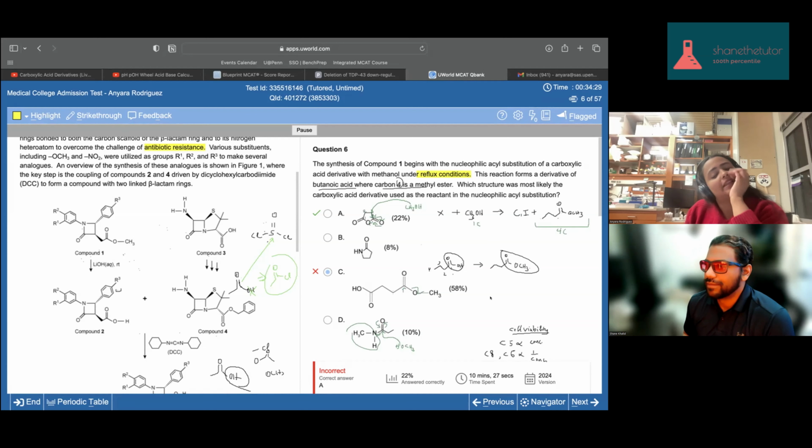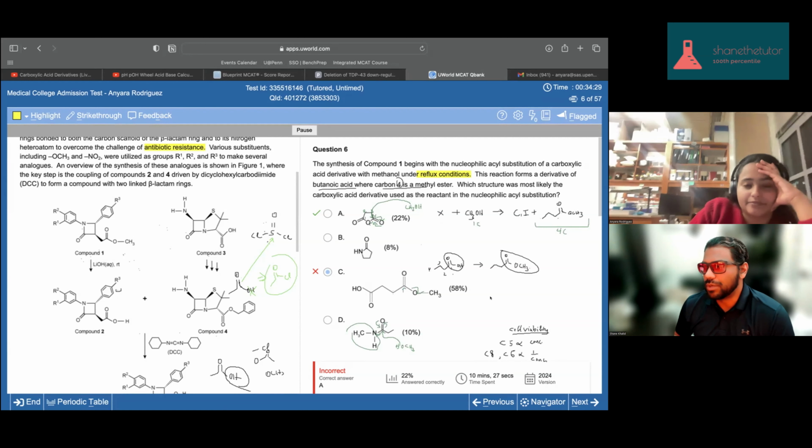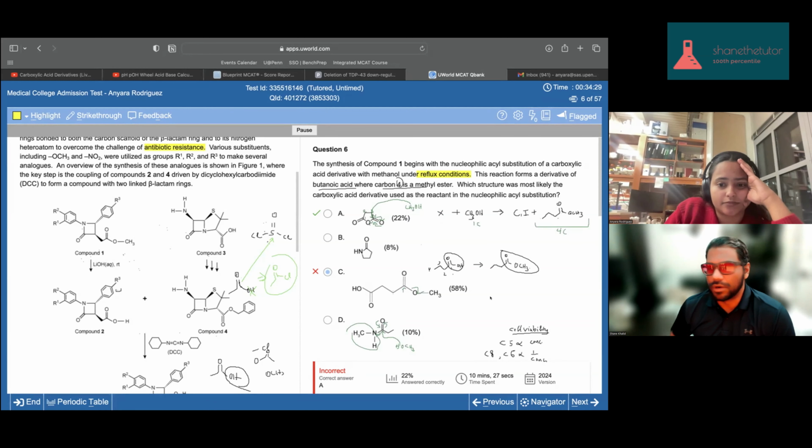Right? And when you open up that ring, so there are 4 carbons here. So you would attach that with one of the methyls here. Essentially what you're going to be looking for is a carboxylic acid with a good leaving group that can be displaced by the methanol.